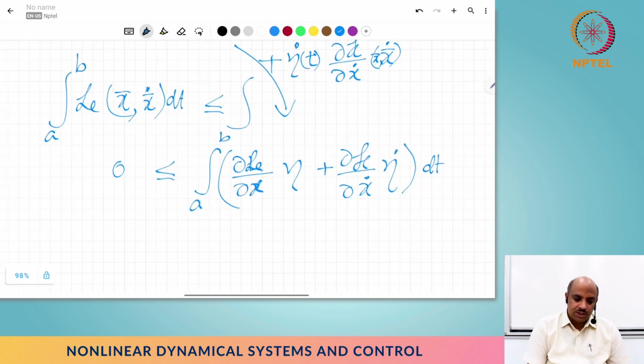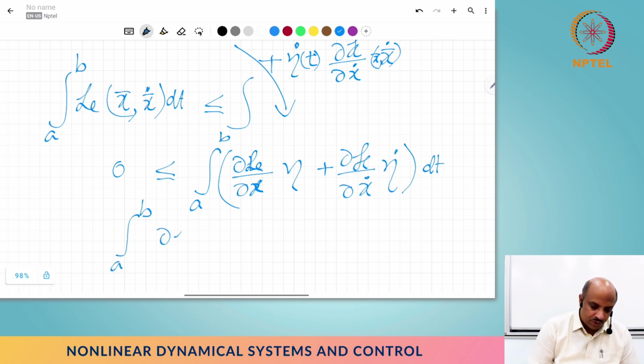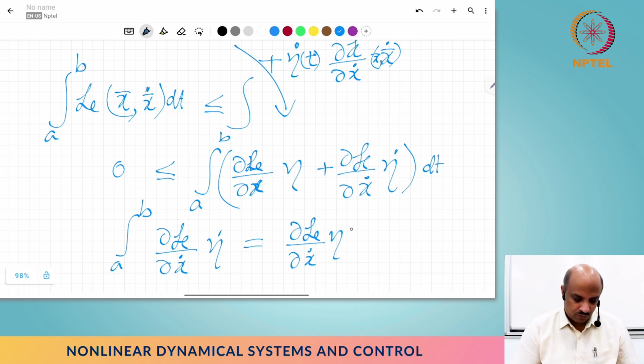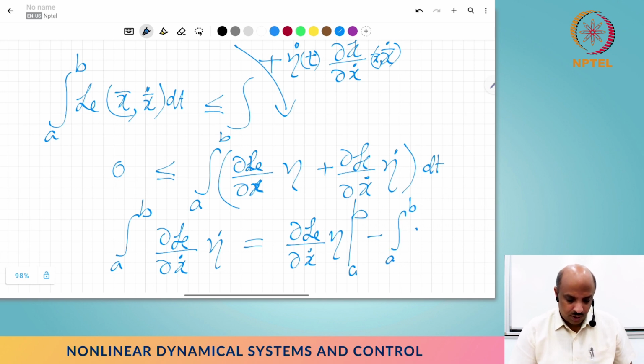One of the things that we need to notice is eta and eta dot are not independent. One is a derivative of the other, so we have to do this particular trick, which I'll show in a second. The integral a to b of partial of L with respect to x dot times eta dot, by doing integration by parts, we will get something like the boundary term a to b minus the integral a to b of d by dt of partial of L with respect to x dot times eta of t dt.